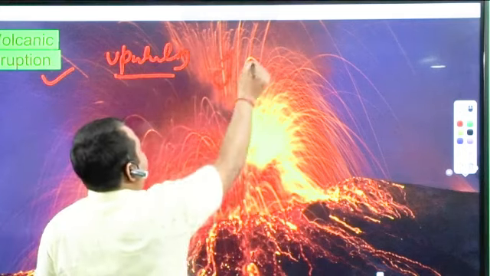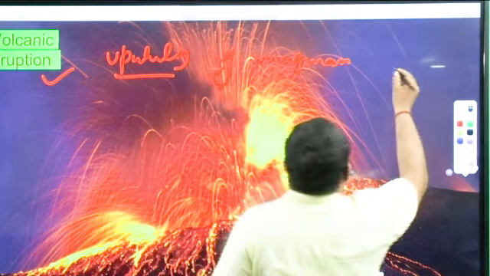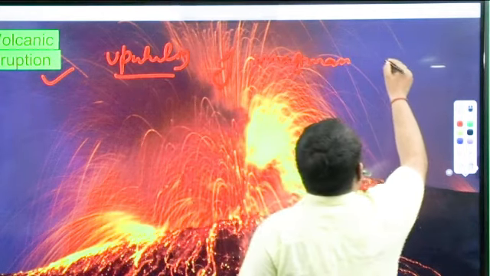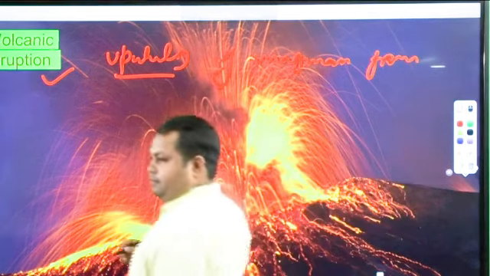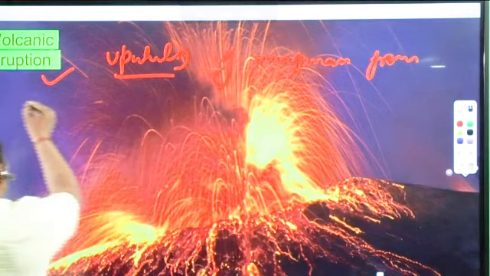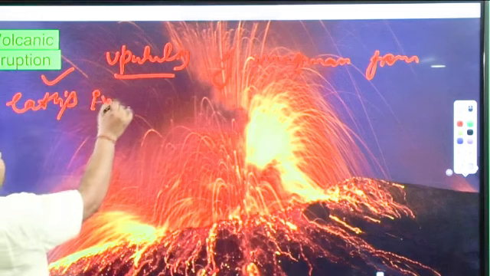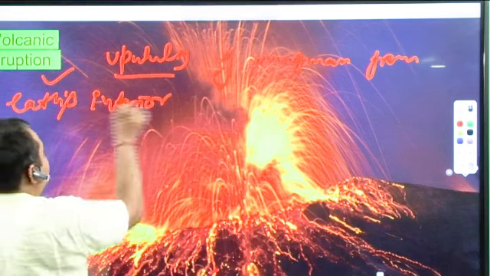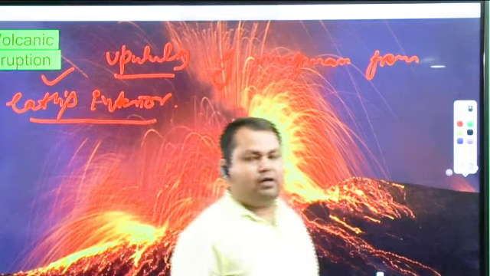Upwelling of magma from Earth's interior is called volcanic eruption.